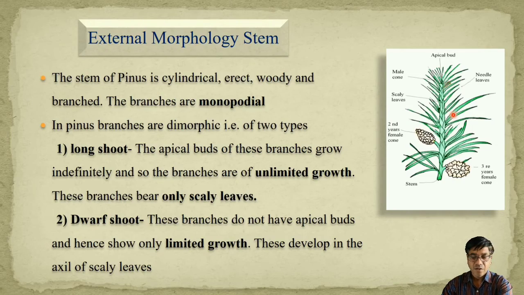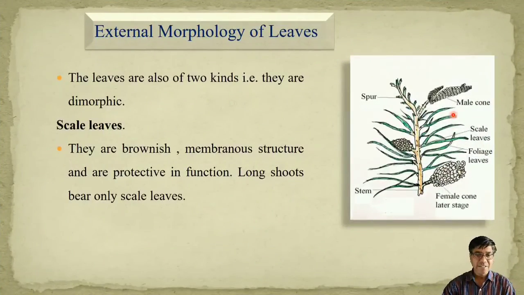Last topic of today's lecture, external morphology of leaves. Pinus has two types of leaves. They are dimorphic. First one is scaly leaves and second, foliage leaves. They are present on both long and dwarf shoots.